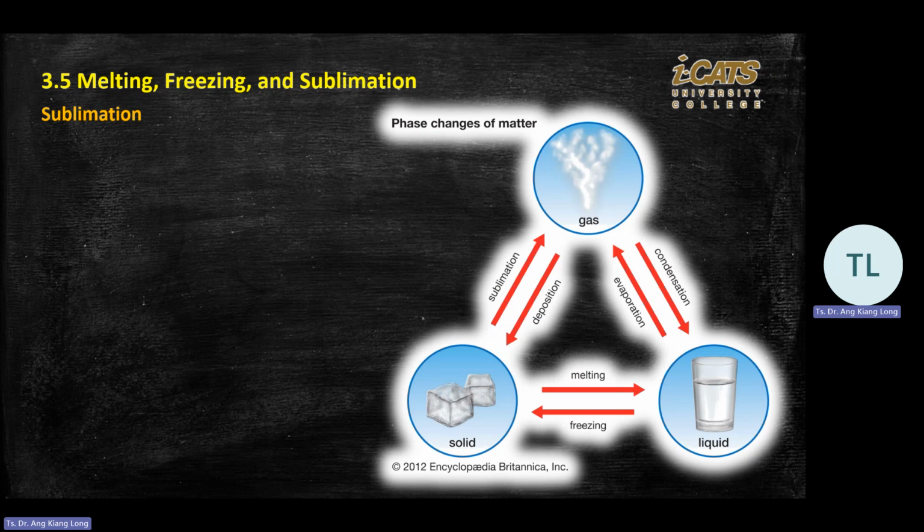Another process from gas directly to solid is called deposition. Deposition happens in a very, very cold winter where you can directly freeze the air if it's very, very cold.